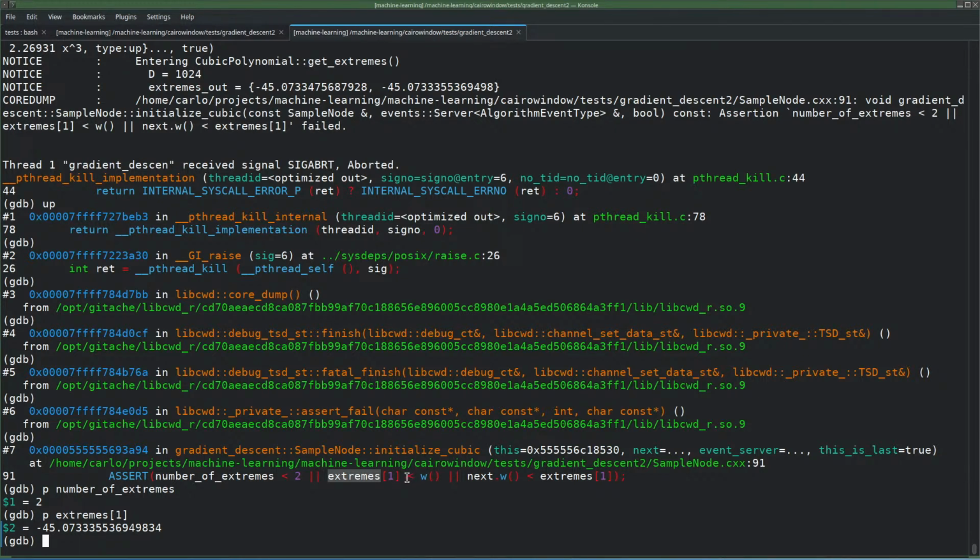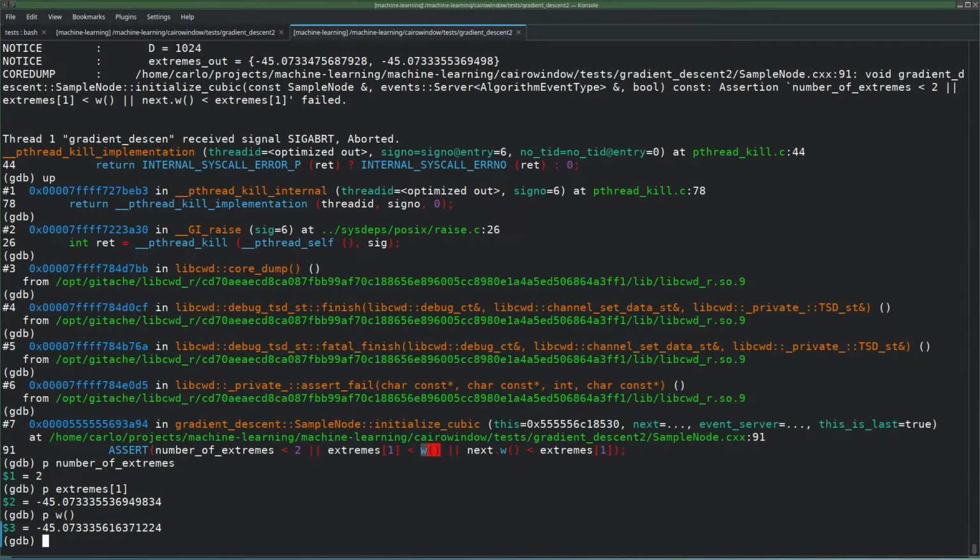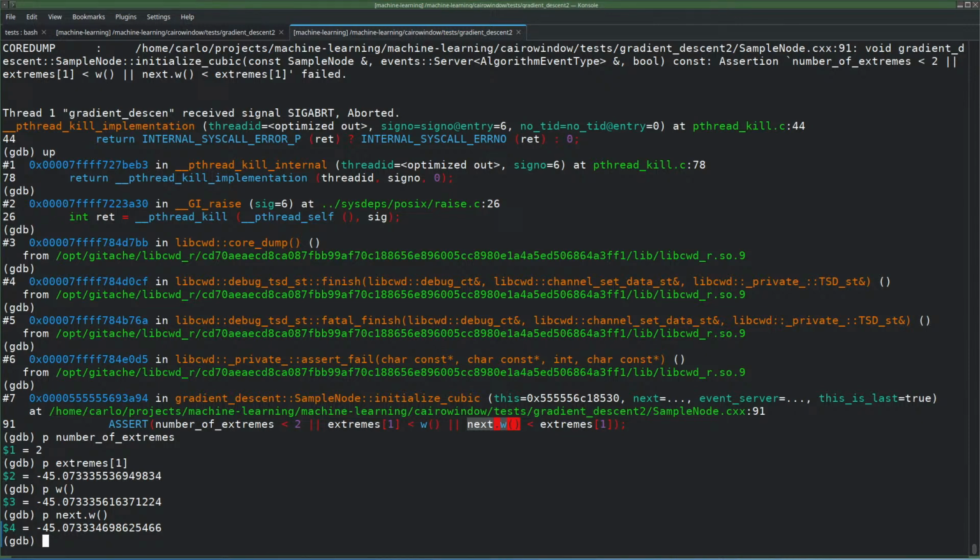And it says extremes 1 cannot lay in between W and next W. Yup, it does.